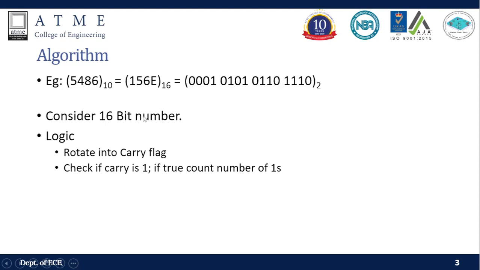So here we are taking a 16-bit number. In a similar way, in the program that we are going to execute, we are going to take a 32-bit number. So the number of rotations that you are going to have to do is going to be 32. Each rotation goes into the carry flag, count the number of zeros, count the number of ones, and that should give you the answer in two registers.